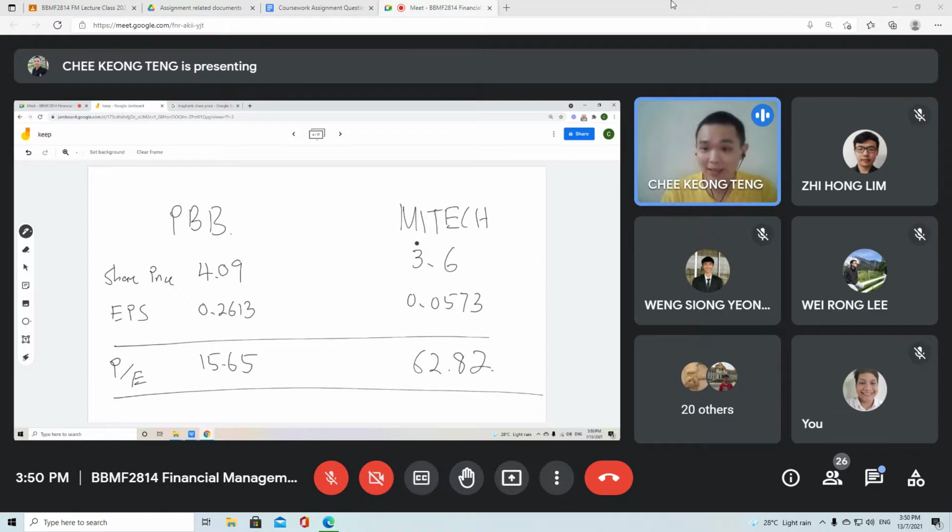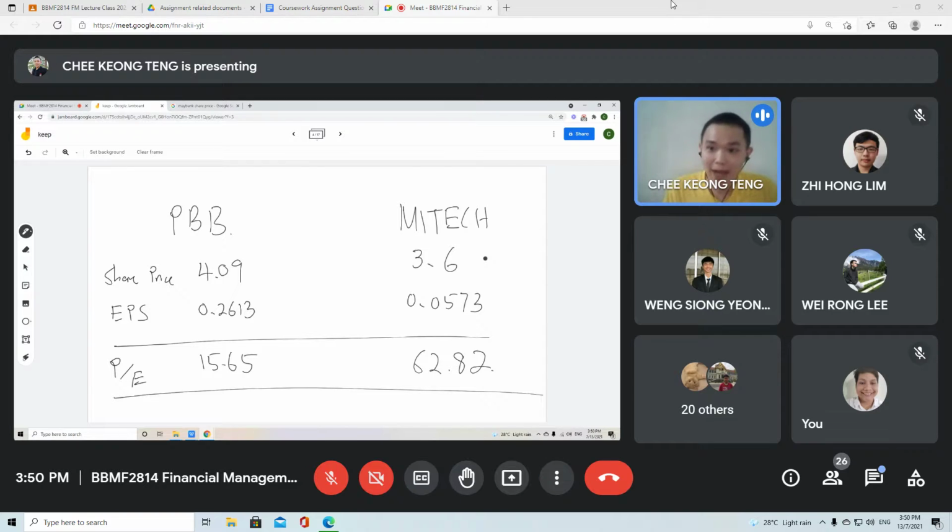Because if you look at that, this one is extremely expensive, the share price. This company per share now only earns 6 cents. You pay 3.6 ringgit to buy a company which, based on the latest EPS, only earns 6 cents per share. You pay 3 ringgit something to buy the 6 cents of earnings. Do you think that is expensive?